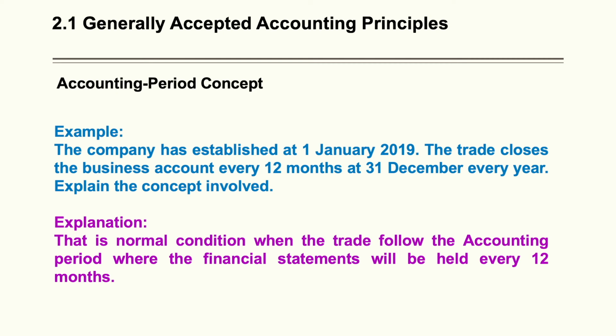For example, the company was established on 1st of January 2019. The trade closes the business accounts every 12 months at 31st of December every year. Explain the concept involved. Based on the example, it is clear cut that this is a very normal condition when the trade follows the accounting period, where the financial statement is prepared every 12 months.